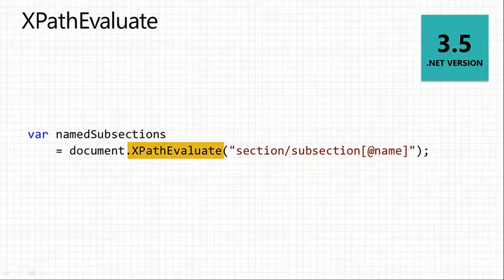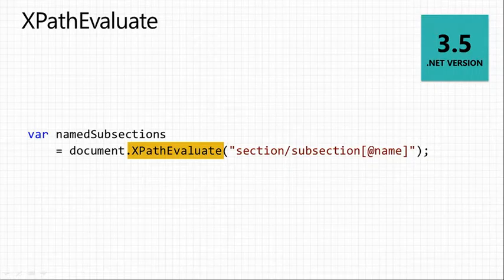Here's another one that's really useful. If you're familiar with working with XML documents, you're probably going to be familiar with XPath, allowing you to run interesting queries. Now, you can do them with LINQ. You can do them a number of ways. You can write loops and nested loops to try and find things. Or you can use XPathEvaluate that just does it.